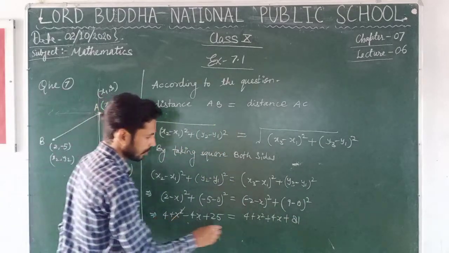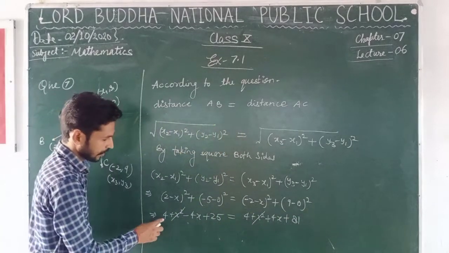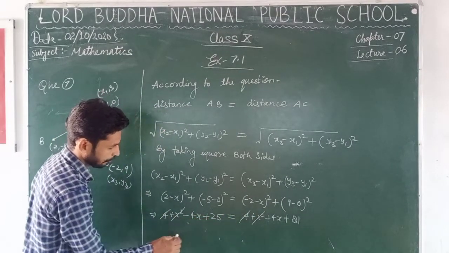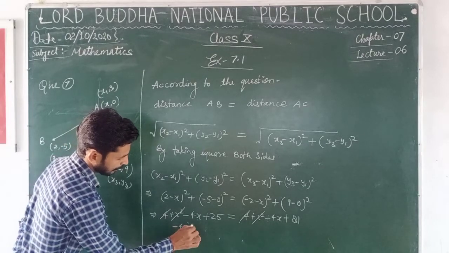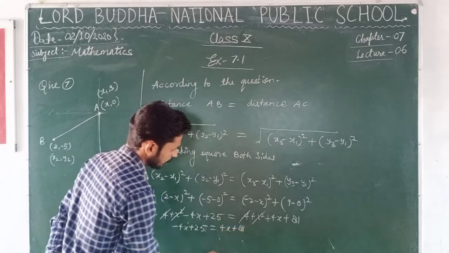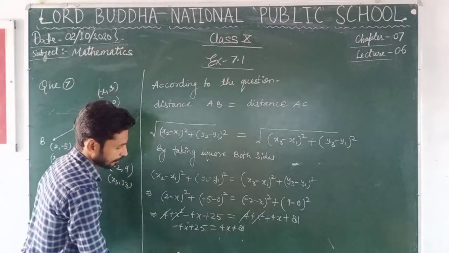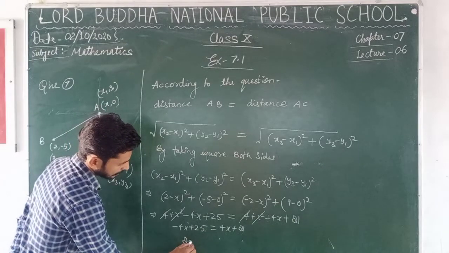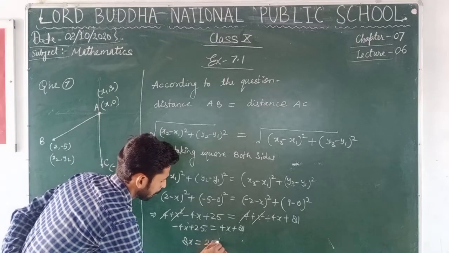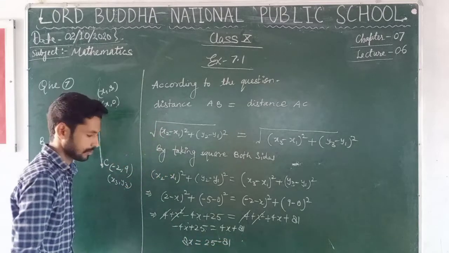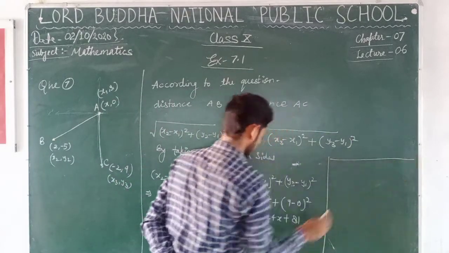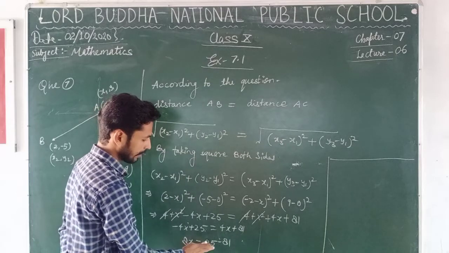So this x square and this x square will be cancelled, and the 4 also cancels. Minus 4x plus 25 equals 4x plus 81. Taking the x terms to one side, this will be 8x equal to 25 minus 81.